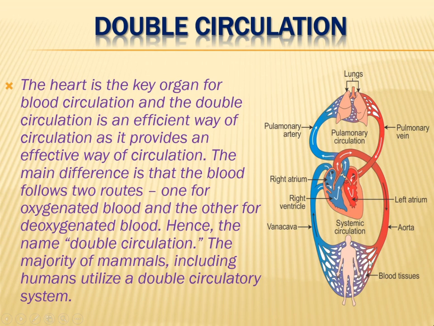Then again it is getting deoxygenated. From here it is moving through the vena cava, and then it reaches the right ventricle, and then from the right ventricle it is moving through the pulmonary artery, which is exceptional. The pulmonary artery and pulmonary vein are exceptions to the usual definitions of artery and vein. So this is moving to the lungs, and this is causing the total double circulation.